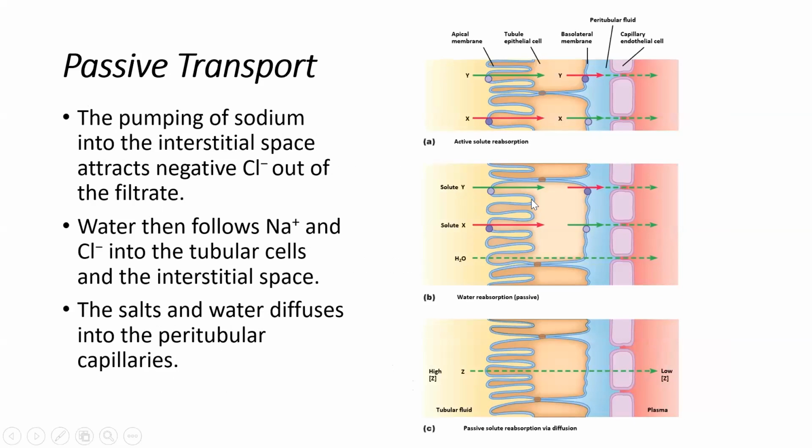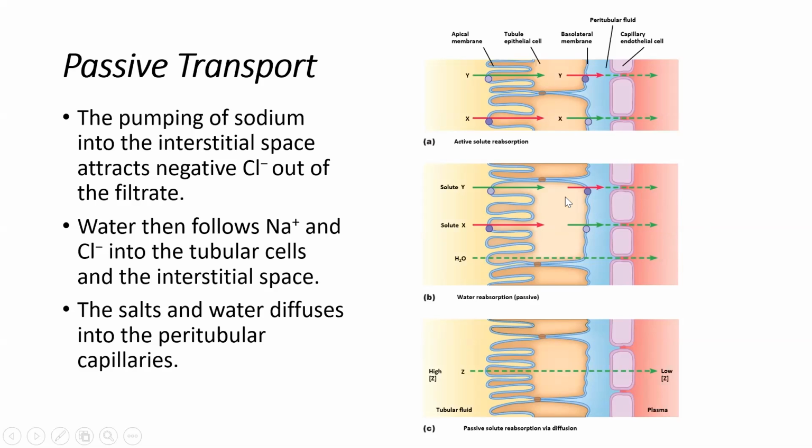Now, when we begin to pump sodium across the basolateral surface and it's moving actively down at the basolateral membrane here, that is attracting chloride from the cell into this space. So now chloride is going to be following sodium and being pumped across the basolateral surface as well. And both of these solutes are going to end up in the peritubular capillary.